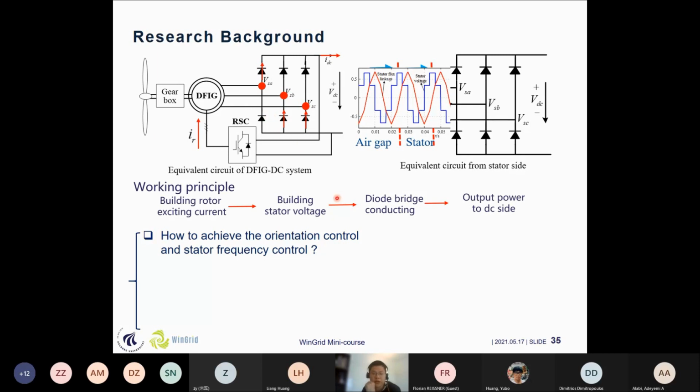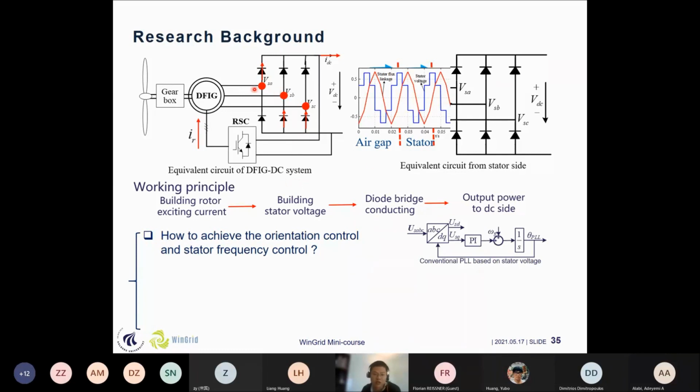So the SRF PLL, the conventional PLL, can be used to obtain the orientation angle. But here you don't have a good stator voltage imposed by the grid side, since there is no grid side. Furthermore, the stator frequency is also flexible and not imposed by the grid side. This is the first problem that we are encountering.